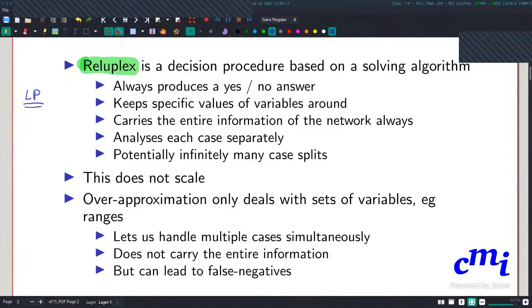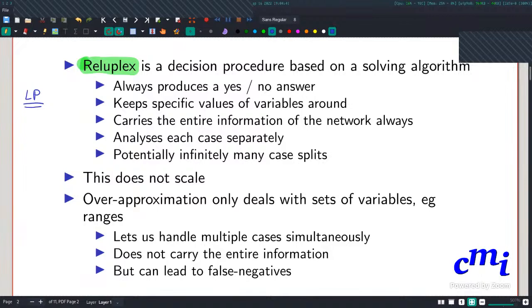This will produce some candidate values of variables, and then you try to see if you can make the ReLU constraint satisfiable with those values. If not, you adjust the constraints and so on, right? So essentially, at a high level, you can think of the Reluplex algorithm as iterating over possible satisfiable values.